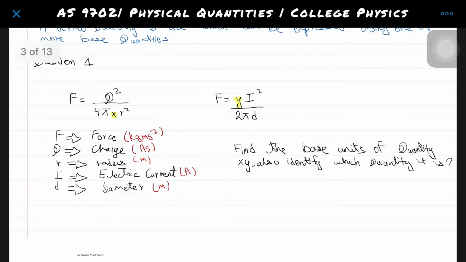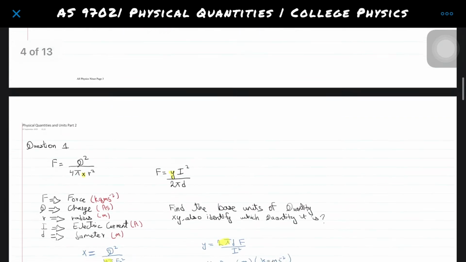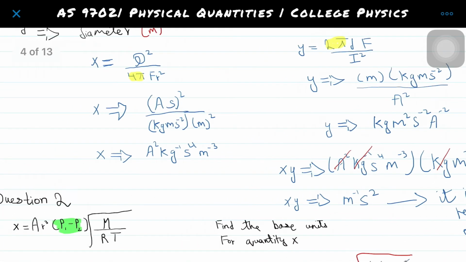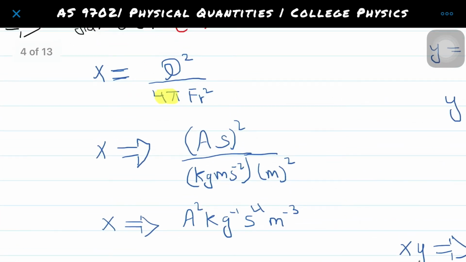So first of all, we'll take both the equations we've been given above and we'll make x and y the subjects respectively. After making them the subjects, instead of writing the physical quantity, for example charge or force, we're going to write down their respective units instead. So for example, it says x = q²/(4πFr²).